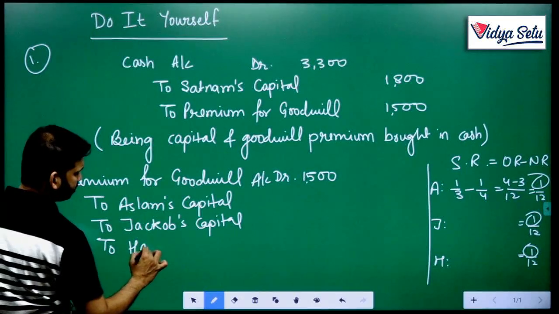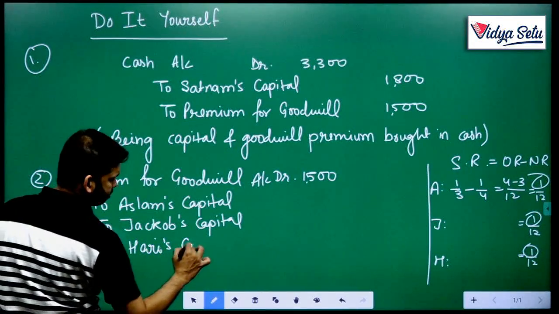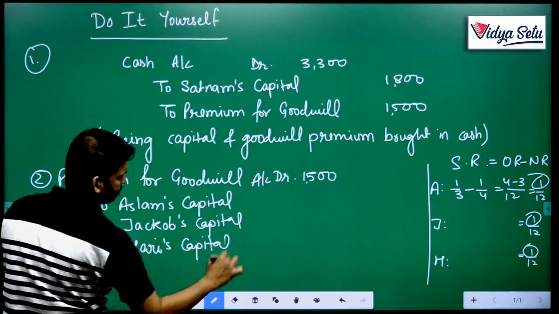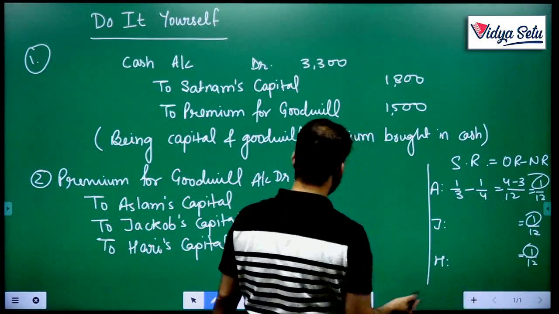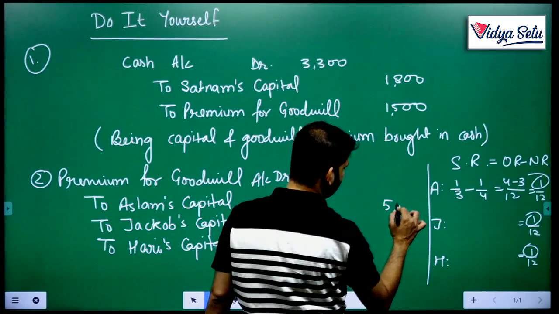All three are sacrificing partners. This 1500 in the sacrificing ratio 1:1:1 means everyone will get 500.